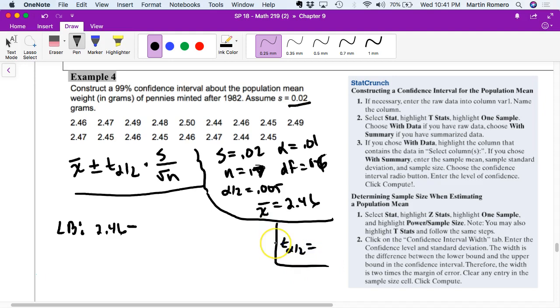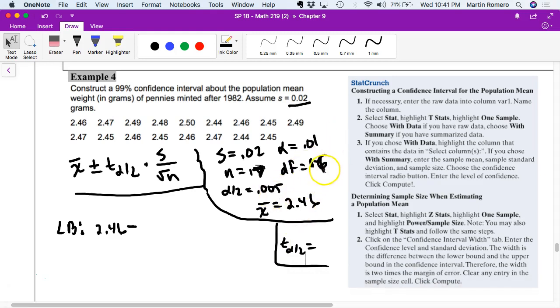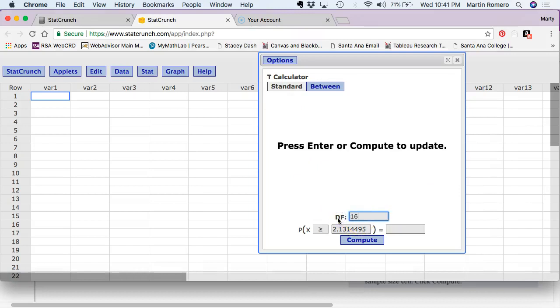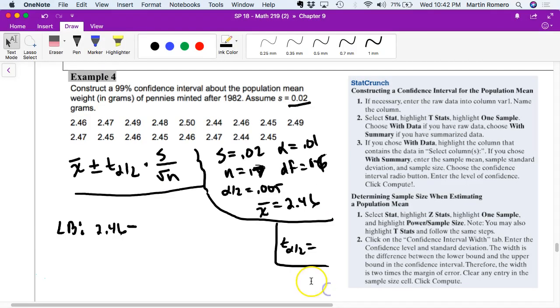T alpha over 2 in this case, we're going to use 0.005, degrees of freedom 16, because it's n minus 1, compute. So we're going to use 2.92 as our value. So this becomes 2.92 times s, 0.02, all over the square root of 17. And so that will have a value.